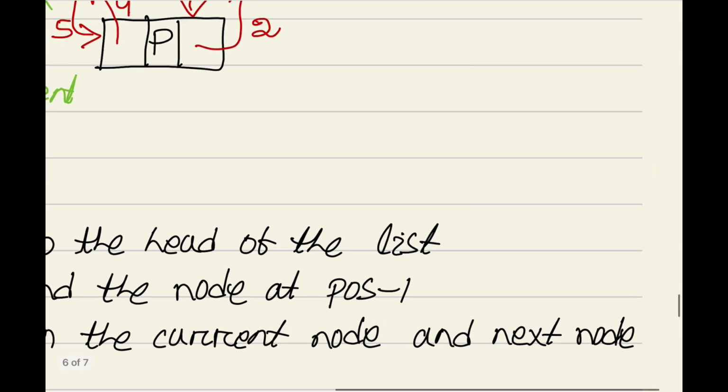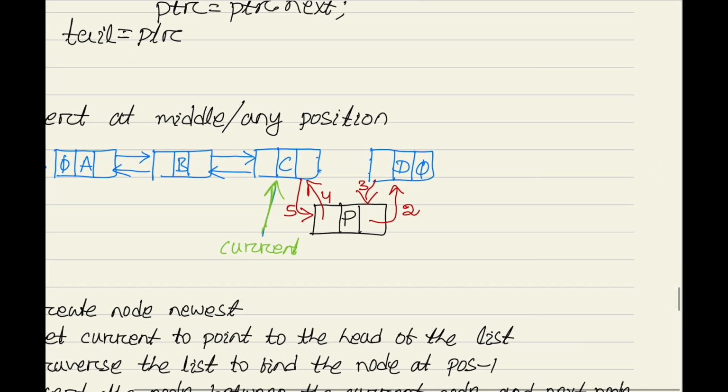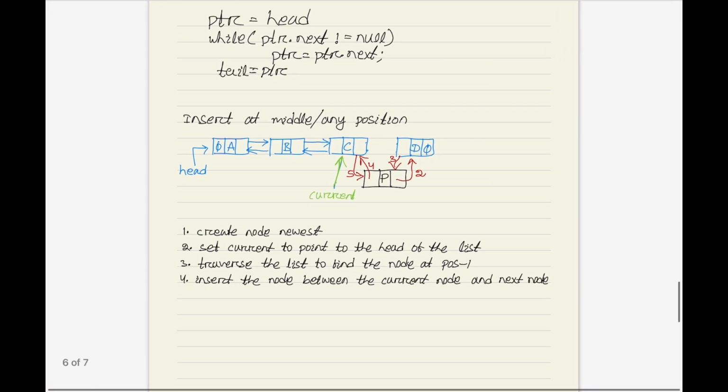Next node means the next of current. First we have to find the node that is at position -1 if we want to insert the new node at position. Here current refers to the previous of the node, or the node that is at position -1. We want to insert the new node in between current and its next. So here the new node is inserted and the structure is changed like we have discussed.